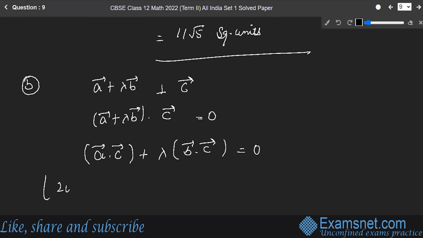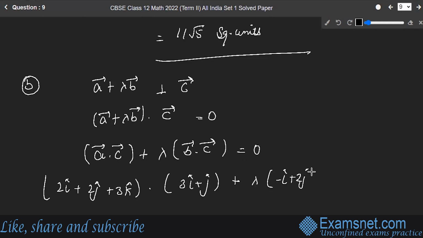What was A vector? 2i plus 2j plus 3k dot product with 3i plus j, plus lambda times minus i plus 2j plus k dot 3i plus j is equal to 0.